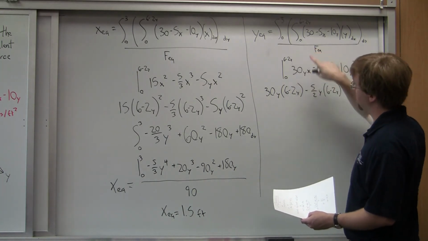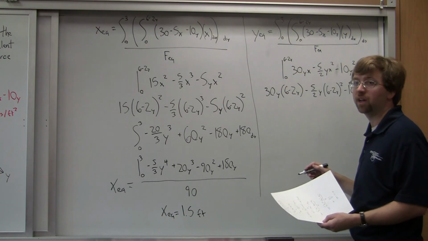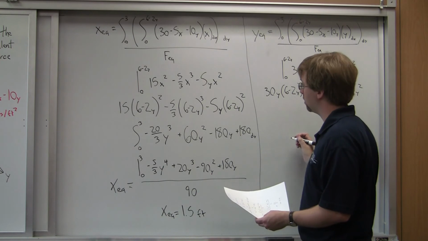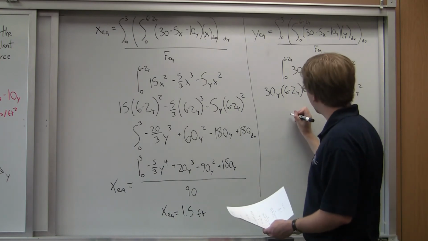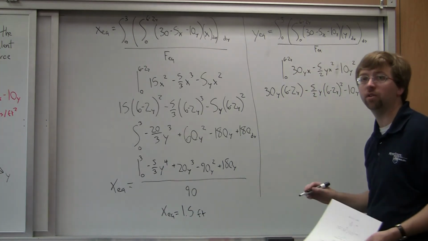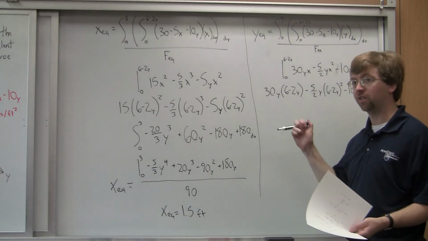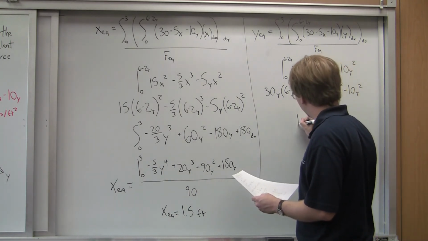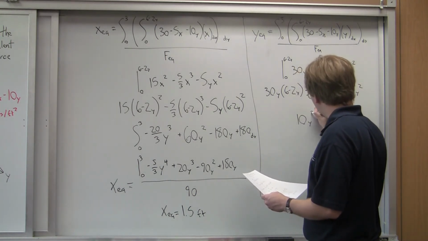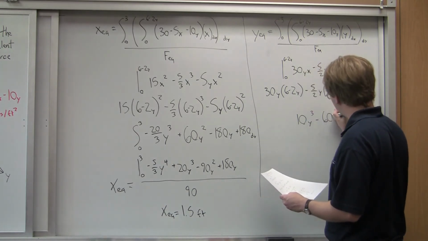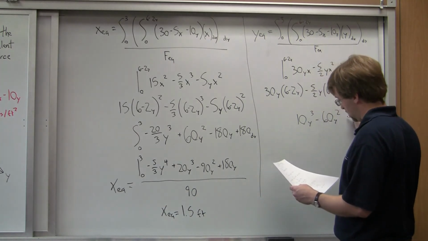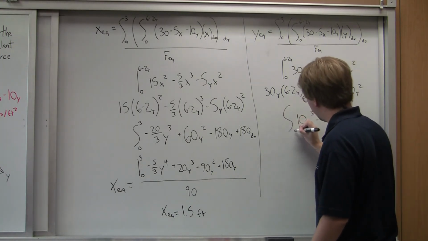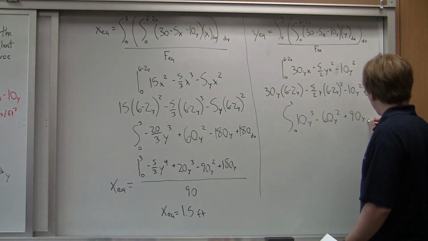This is evaluated at 6 minus 2y, and we would subtract off the minimum value, which is just 0 in that case. So we're still taking the integral of this whole thing, and if we simplify this out, you can either do this by hand, or I highly suggest MATLAB again. We evaluate this out, it ends up being equal to 10 times y cubed minus 60 times y squared plus 90 times y. We're taking the integral of that from 0 to 3 with respect to y.